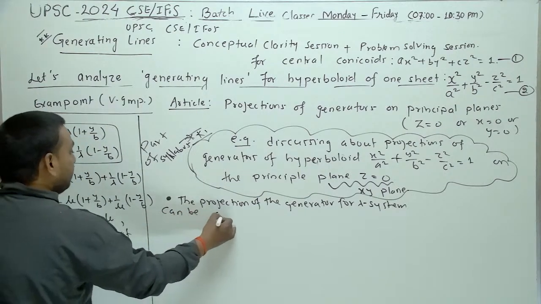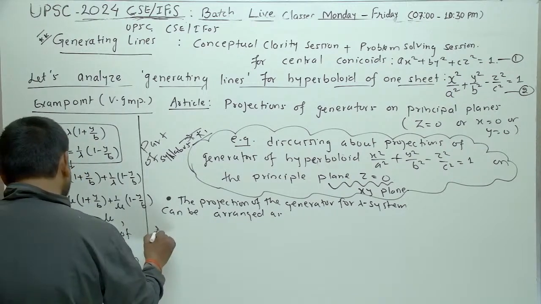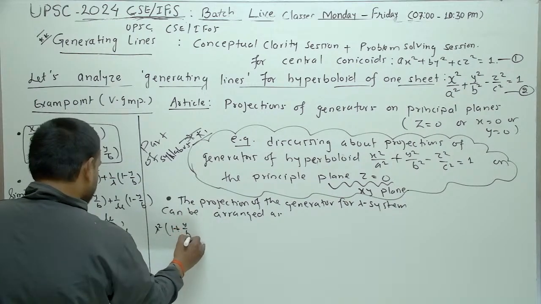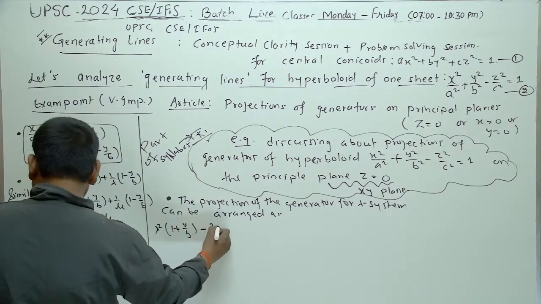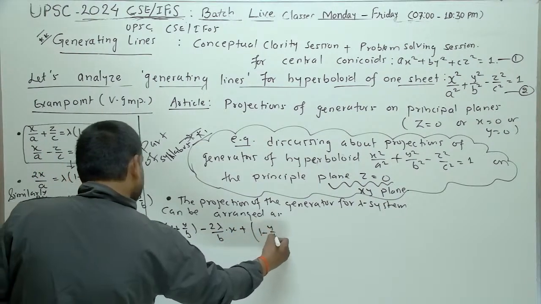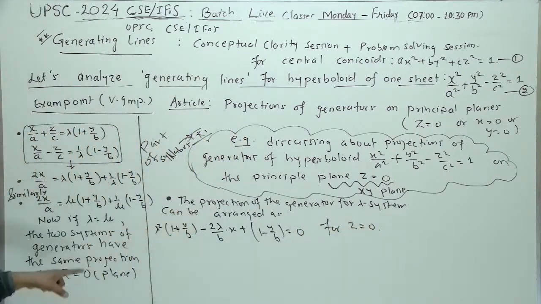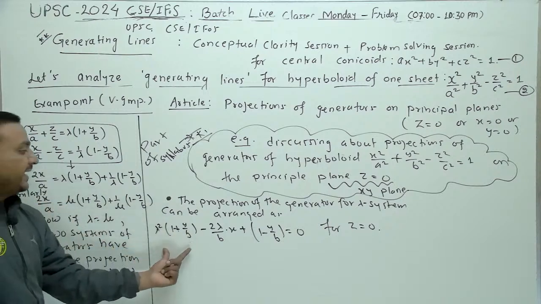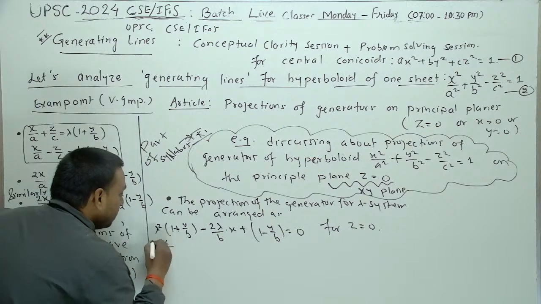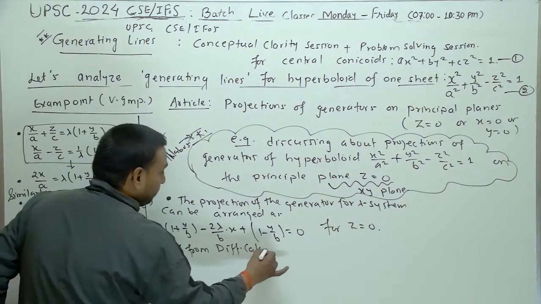can be arranged as, look at this carefully, lambda square into 1 plus y upon b, minus 2 lambda x upon a, plus 1 minus y upon b, for z equals 0. So if I use z equals 0 here, I can write this as, now here I would like to mark a star so that you people can remember this from differential calculus.